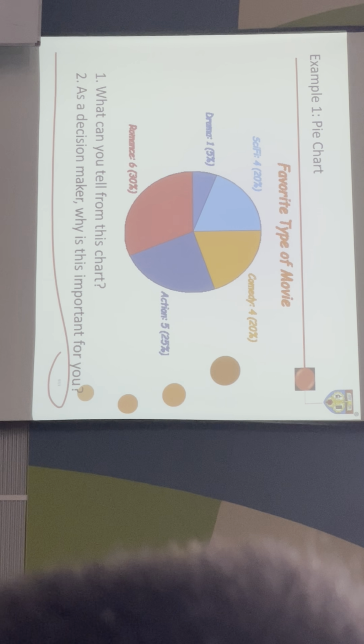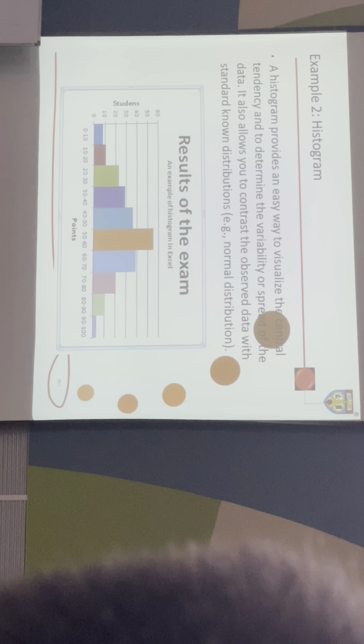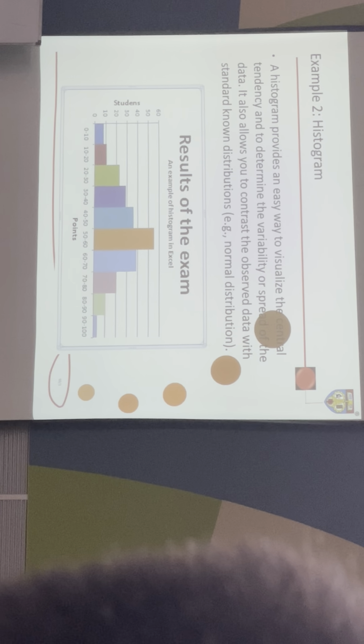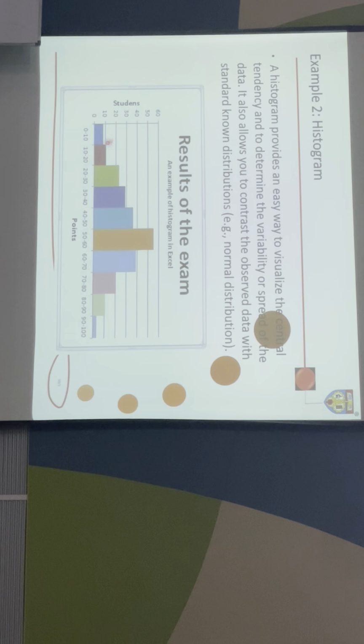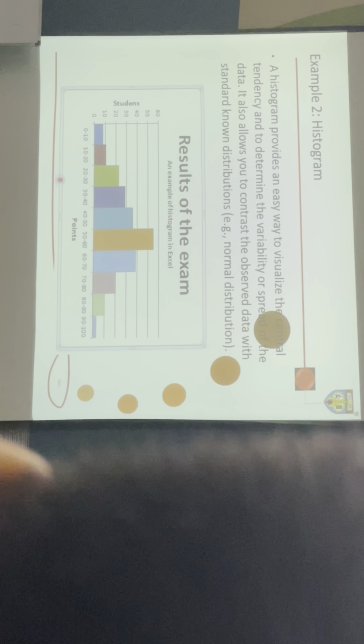Okay, and then for the second data visualization technique, you can use a histogram. Assuming these are the points, we already do classification by using this program here. For example, bin 1, the range is between 0 to 10, the second one is 11 to 20 and so on.